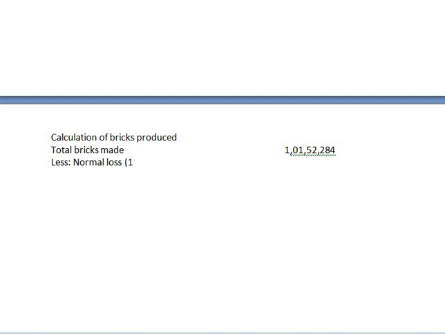Bricks made is 1 crore 1,52,284, and out of this 1.5% is normal loss, so that normal loss should be deducted.